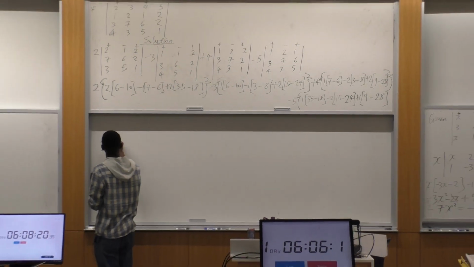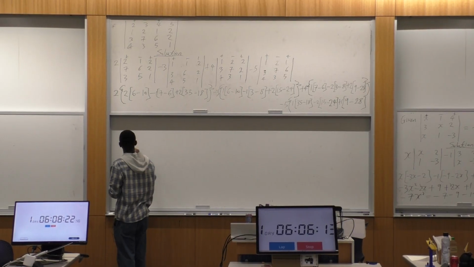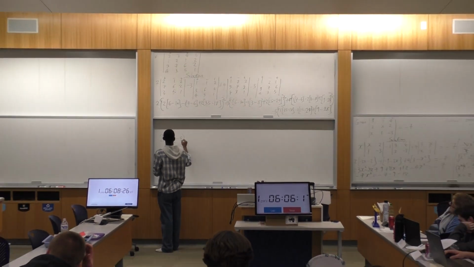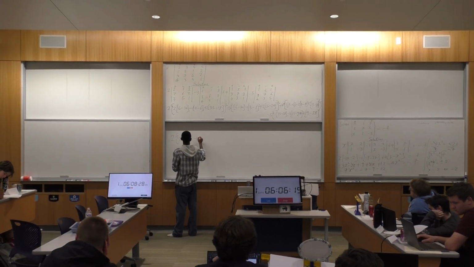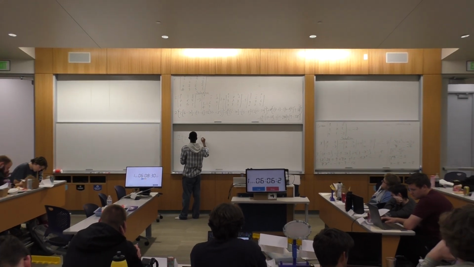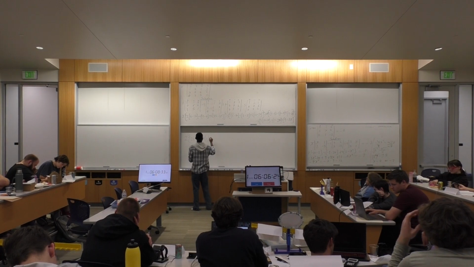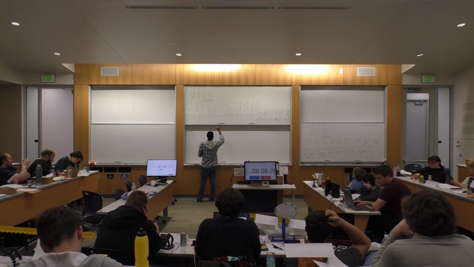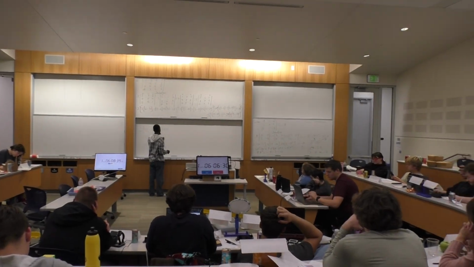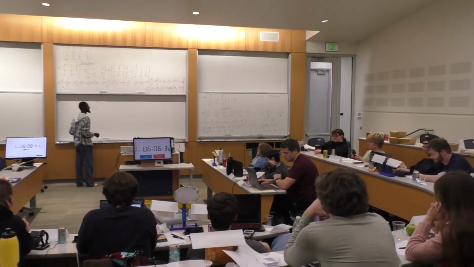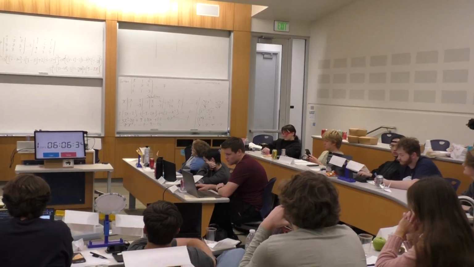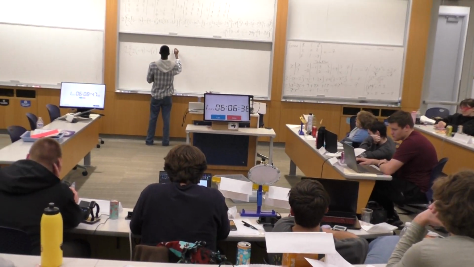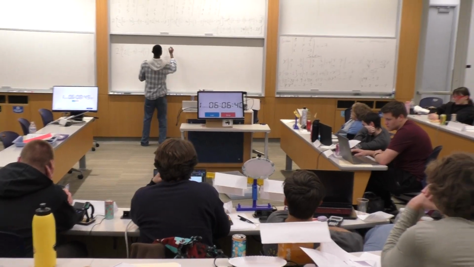Here we have 2 into what? Minus 4. Minus 1 into what? 1. Plus 2 into what? 35 times minus 18. What? 17. So we are done with this.